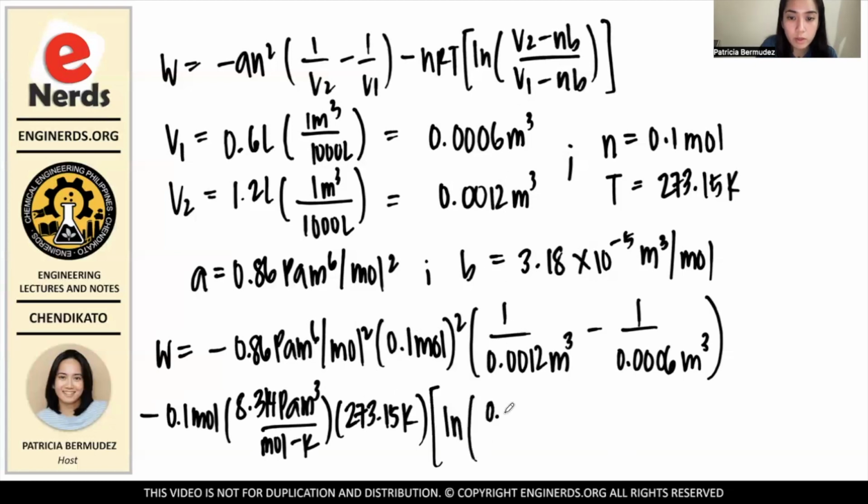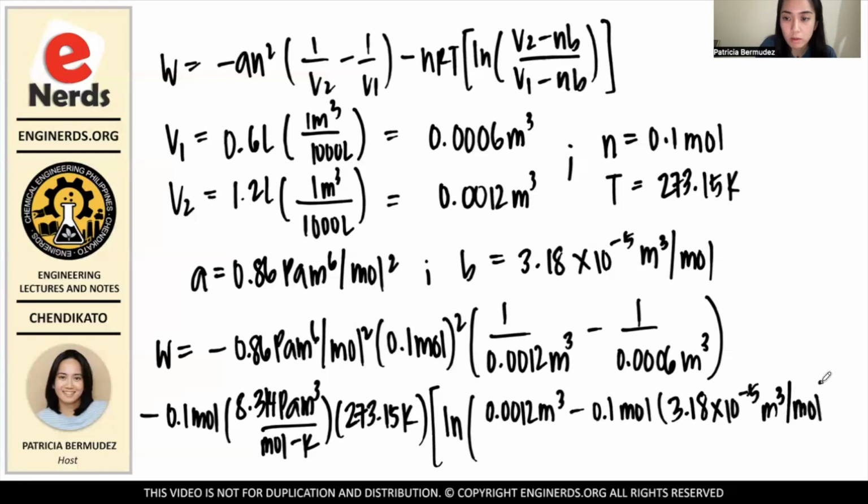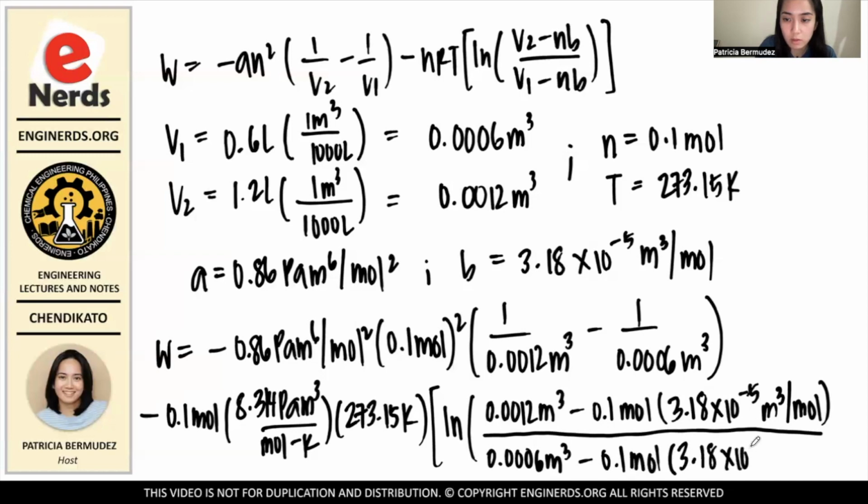V2 is 0.0012 meter cube minus N, which is 0.1 mole, and then our B is 3.18 times 10 raised to negative 5 meter cube per mole, over 0.0006 meter cube minus 0.1 mole times B again, so 3.18 times 10 raised to negative 5 meter cube per mole.